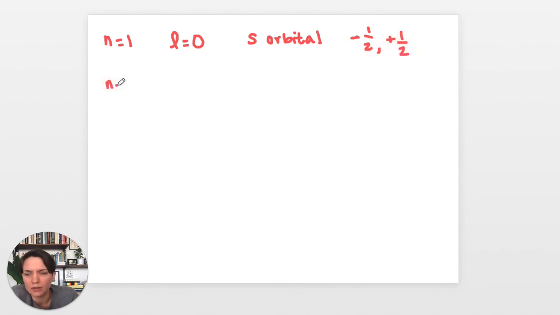If n equals 2, now we're on the second row of the periodic table, we can have an L that equals 0, which again would be that s orbital, which means I just have a plus or minus 1/2 m sub s. But I could also have an L which equals 1, which is a p orbital.